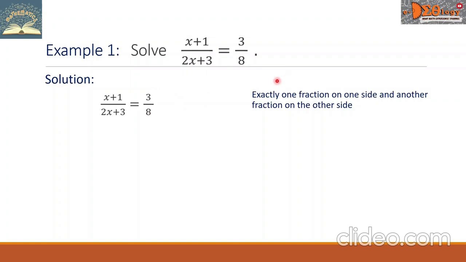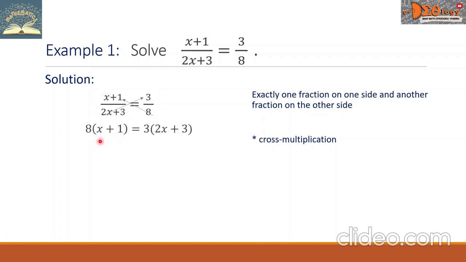And this is about exactly one fraction on one side and another fraction on the other side. For problems like this, we will do cross multiplication. That means this denominator here we will multiply to the numerator of the other side, and vice versa.